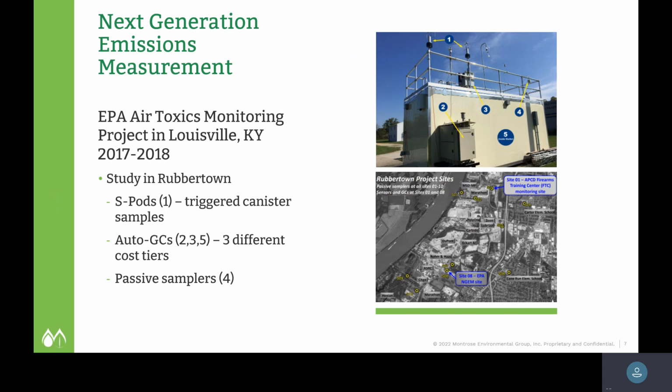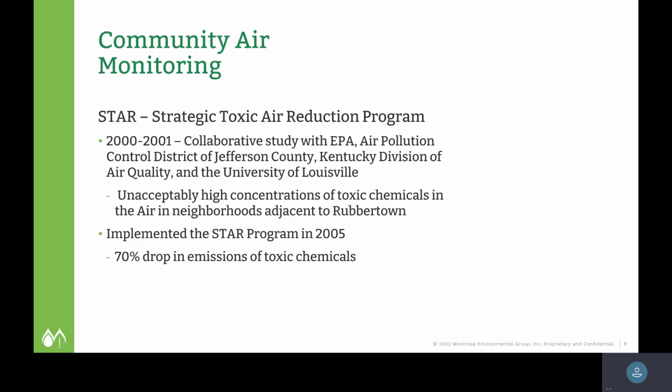And really, this particular study dates back to 2000, 2001, which was a community-induced, collaborative effort with these four agencies: EPA, Air Pollution Control District of Jefferson County, Kentucky Division of Air Quality, and University of Louisville. So really, the community was up in arms.